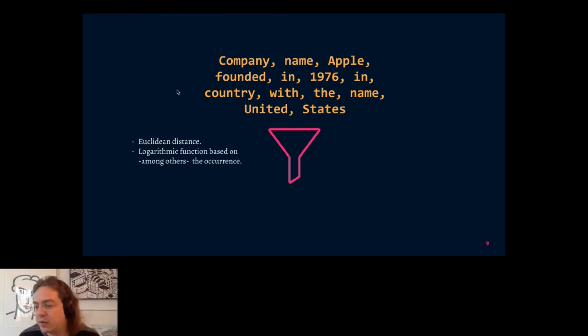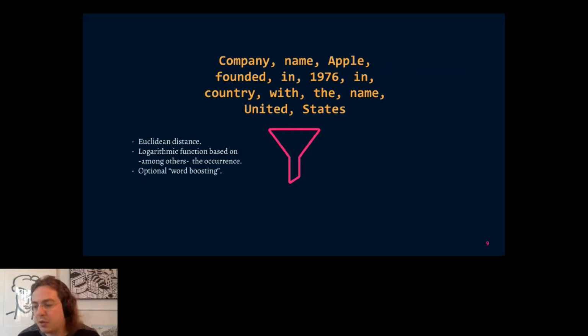And then there's a function based on the occurrence, so that we say, well, the more often a word occurs, the less important it is. So, for example, the word in might occur very often in the training data set, but it's not very important. It doesn't say much, the word in. But if you look, for example, at the word Apple and company in combination, they are way more important and they occur less in the training data set.